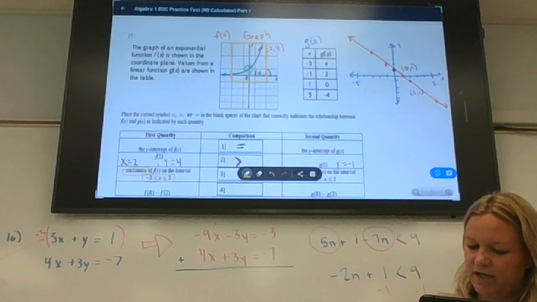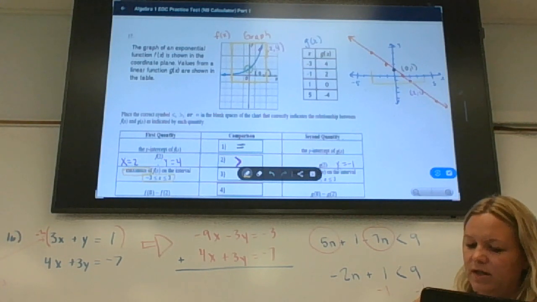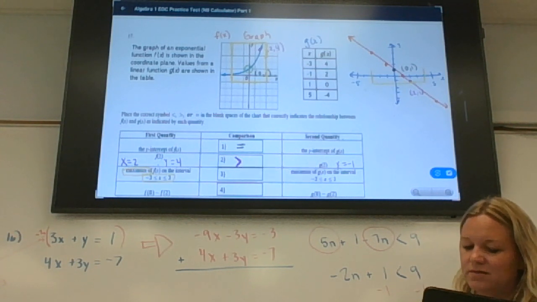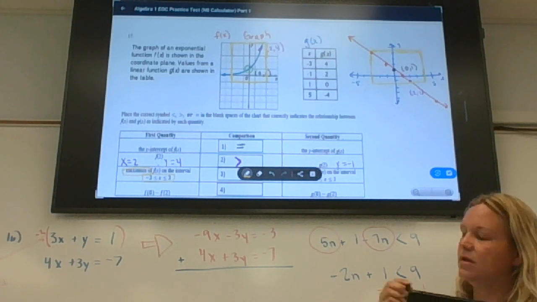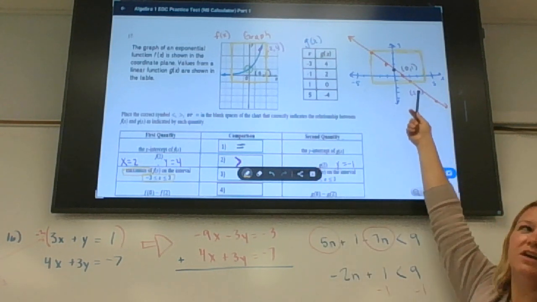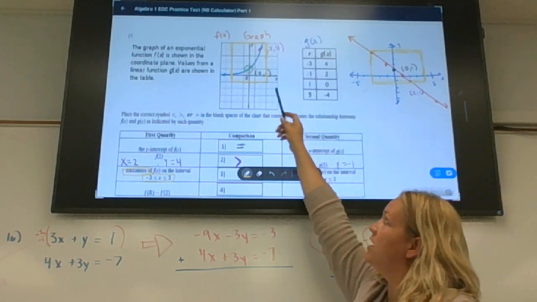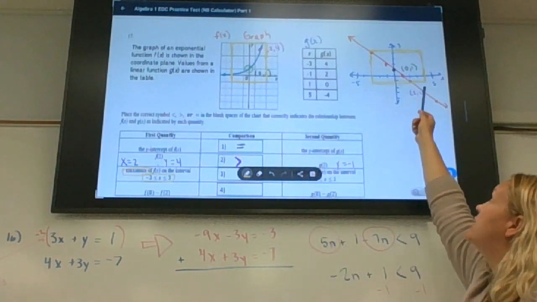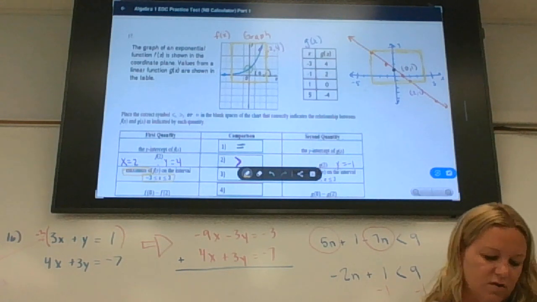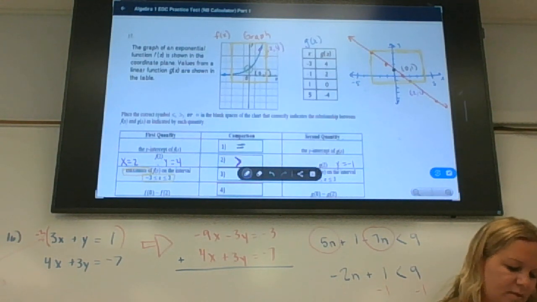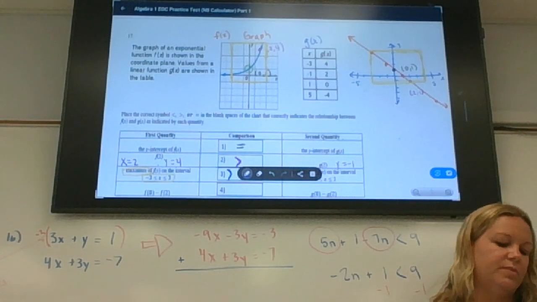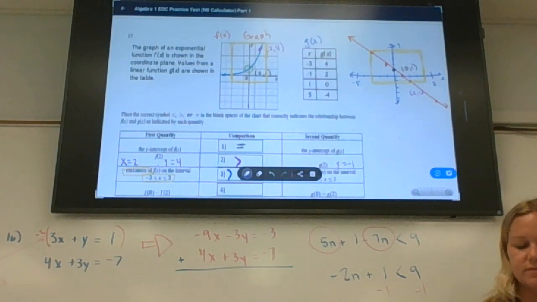Over here, -3 and 3, this graph is going down. This graph is going up. This graph is going down. So we're going to say that the one going up is greater than the one going down.